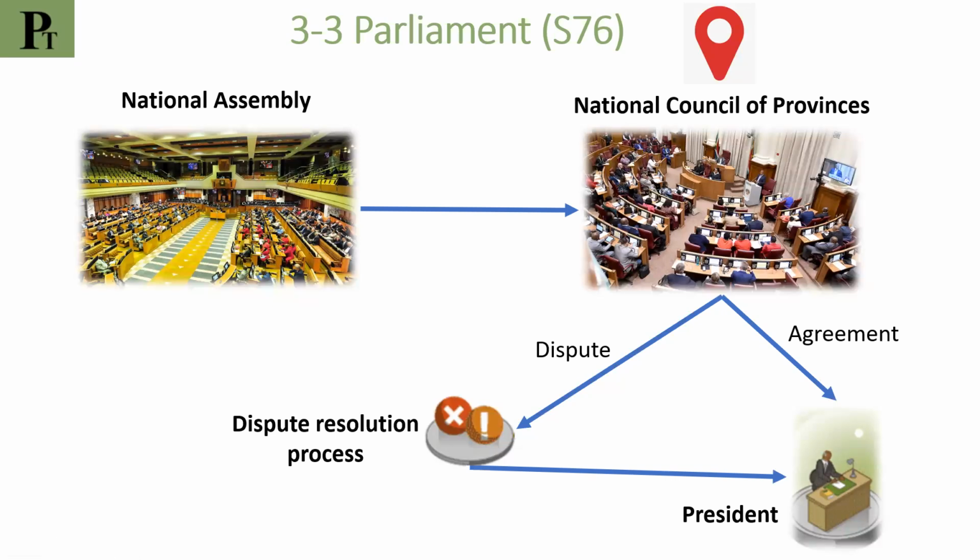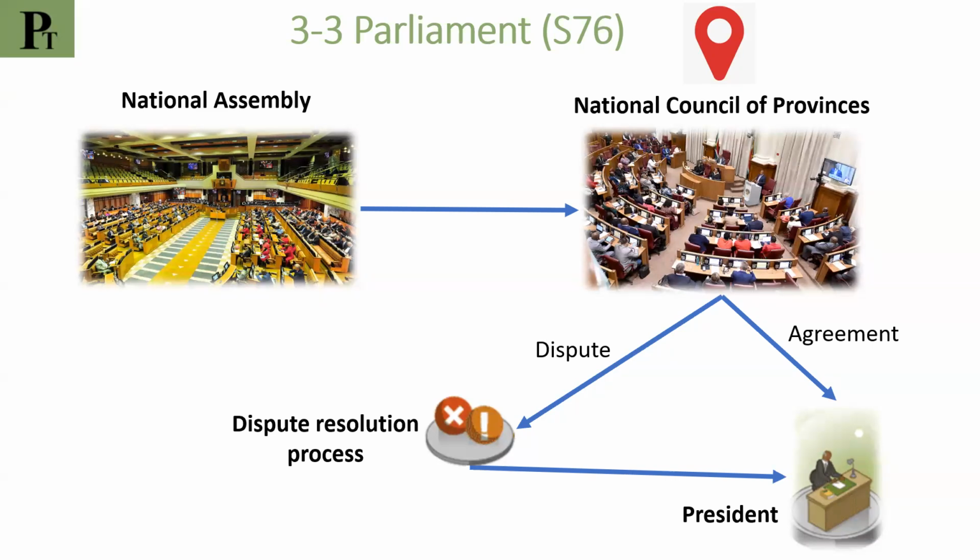Now, currently we are in Parliament, and this is a quick overview of the process it follows in Parliament. The BELA Bill has to go through two houses, the National Assembly and the National Council of Provinces. The bill has already gone through the National Assembly, and it's currently in the National Council of Provinces. I assume most of you have been through all the submissions for the National Assembly and the public hearings.